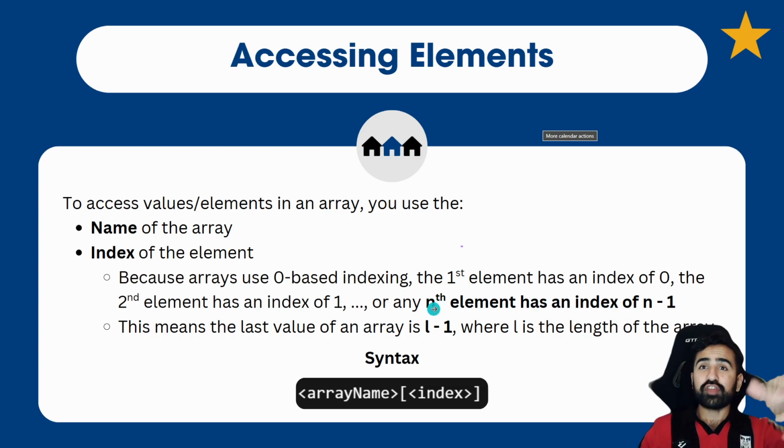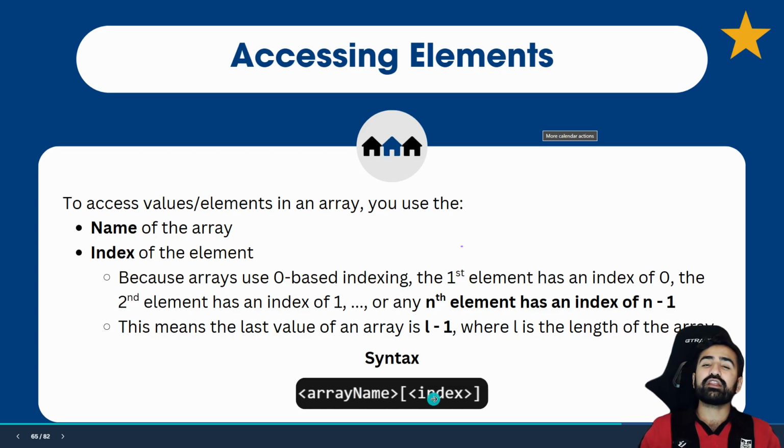So the 100th element would have an index of 99. The 1 millionth element: let's say we had an array of size 1 million, well, the last element in the array would be 999,999. So this means that the last value of an array is L minus 1, where L is the length of the array. So here's the syntax for accessing elements.